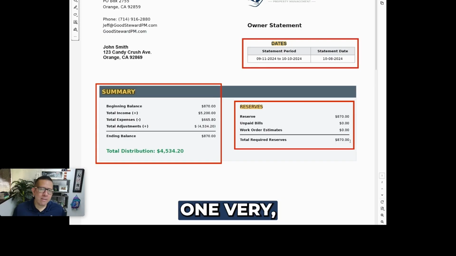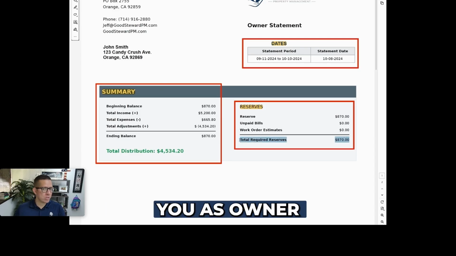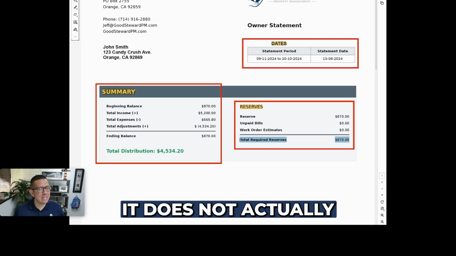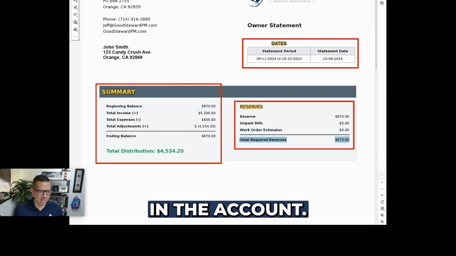One very, very important thing to note is that the amount here as the total required reserve is letting both you as the owner and me as the property manager know that this is how much should be withheld in the account. It is not actually the actual cash amount that is being held in the account.